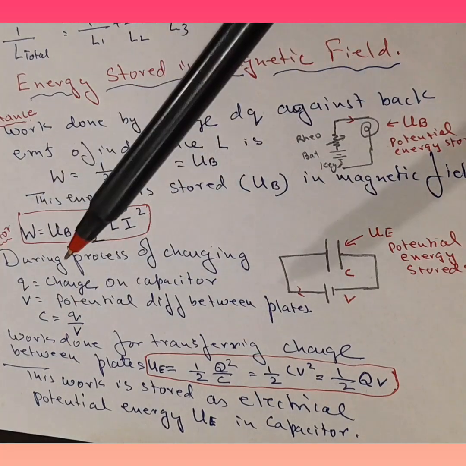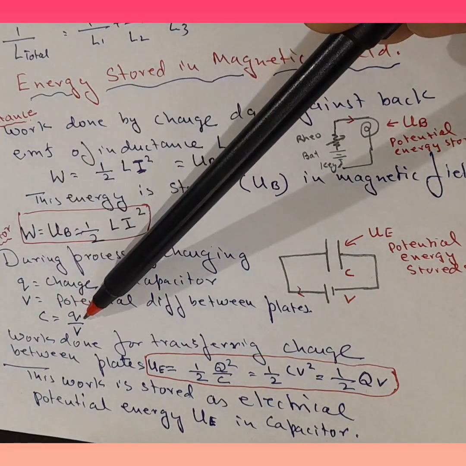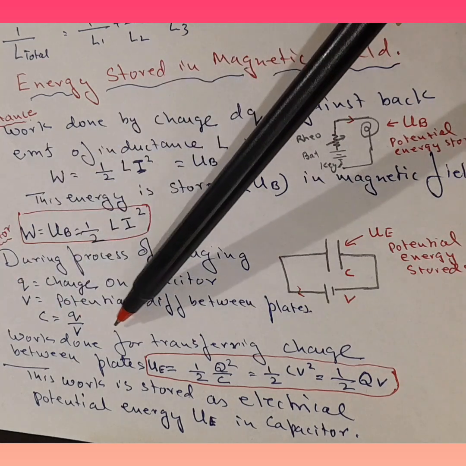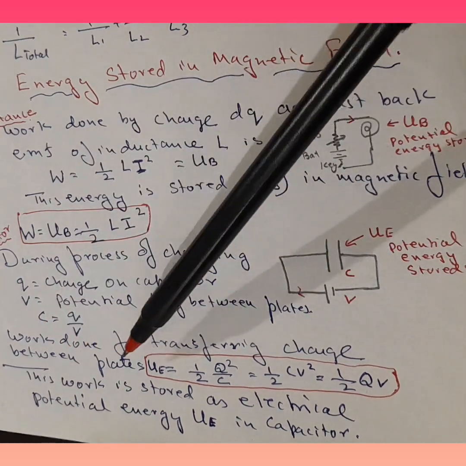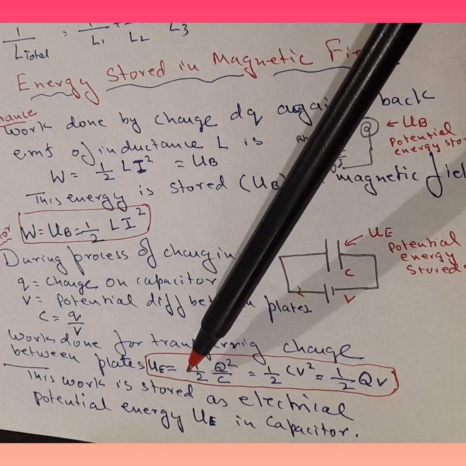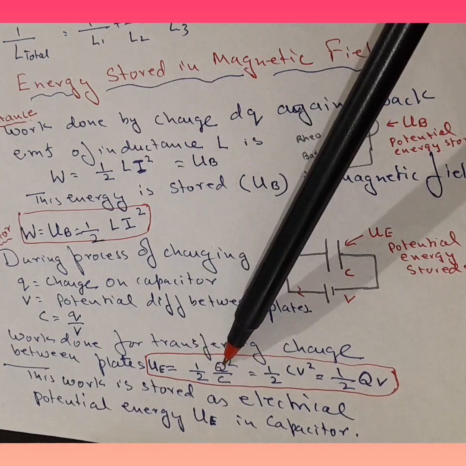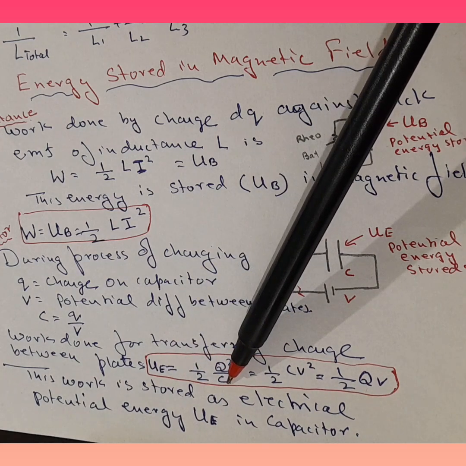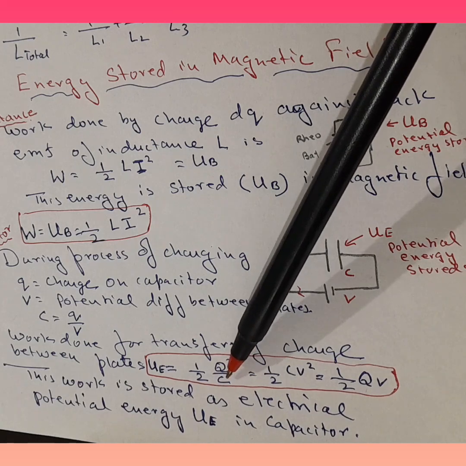Q upon V is the formula for capacitance. So work done by transferring charge between plates is given by half Q square over C. This is in the capacitor chapter.